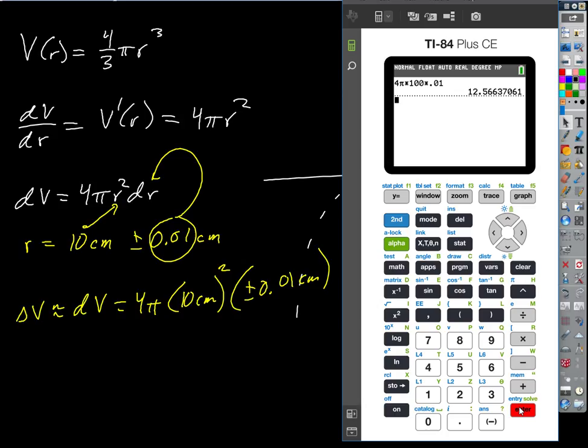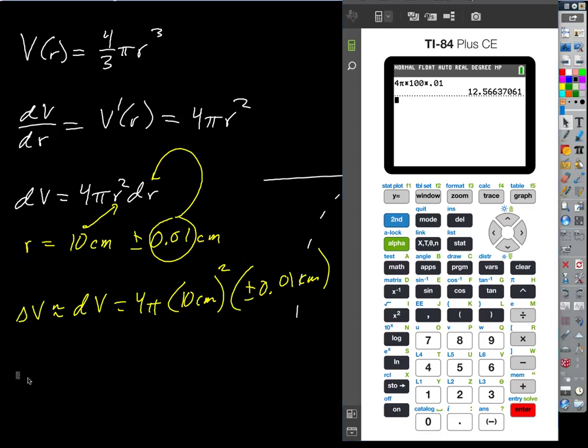What are the units going to be? Square centimeters times centimeters gives us cubed, right? Yeah, it's going to give us an answer in terms of cubic centimeters.